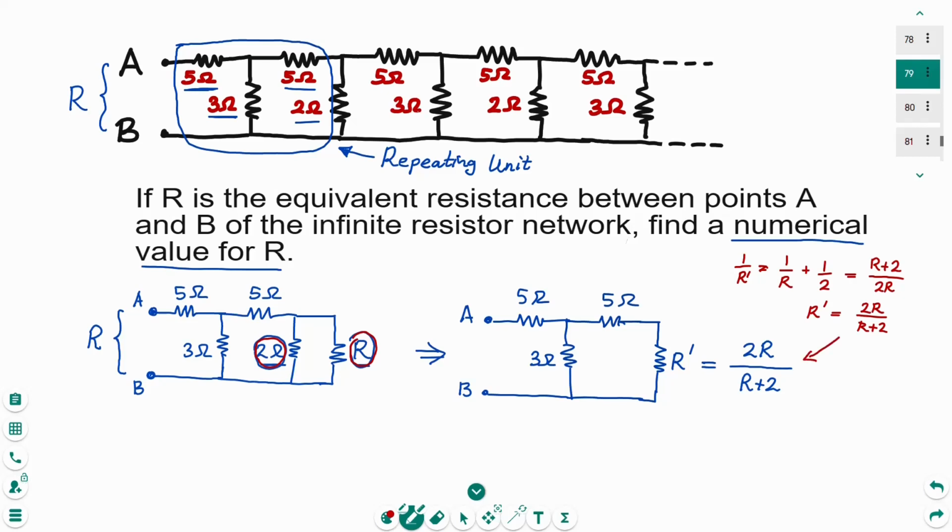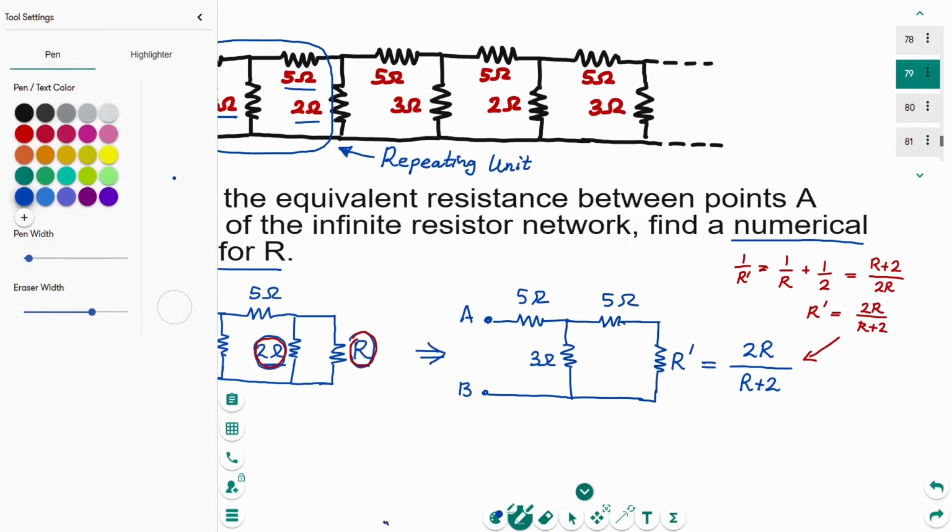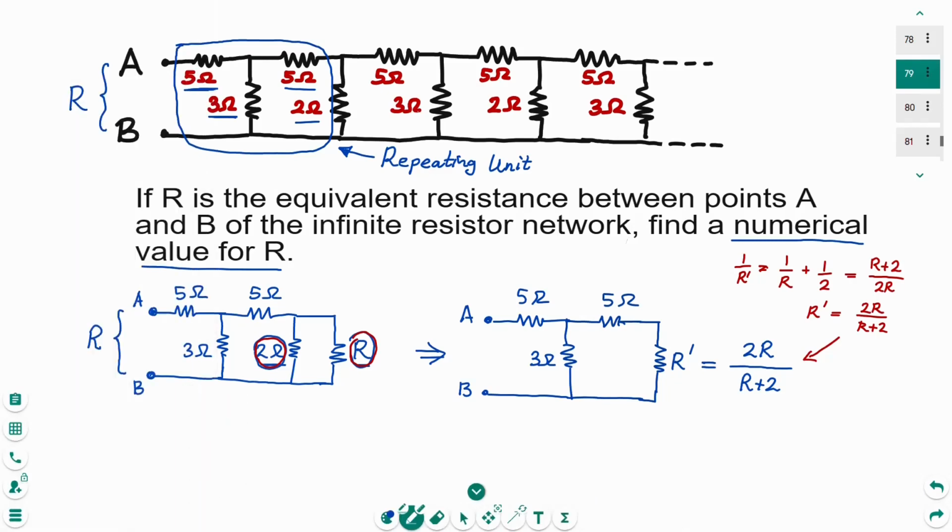Okay, now let's go back to solving the problem. Now I can see the 5 ohm resistor and this R prime resistor are in series with one another. Let's say that for that series, the equivalent resistance is R double prime. Then I can redraw this network like this.